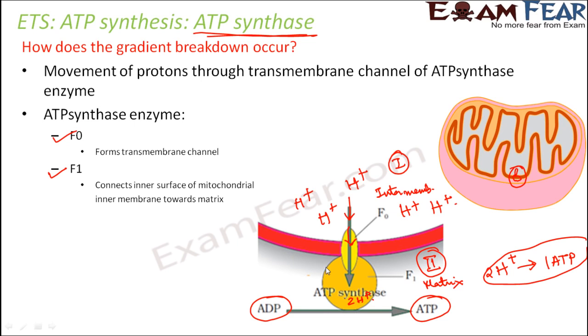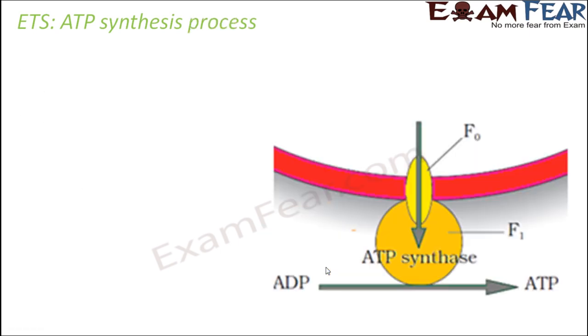I hope the concept is clear now. First of all, you have to understand that a proton gradient develops because of the passage of electrons through the electron transport chain. Once the gradient develops, the ATP synthase enzyme, present on the inner membrane, gets activated. Once the enzyme is activated, the gradient breakdown will occur, which will release energy, which in turn will help in synthesizing ATP.